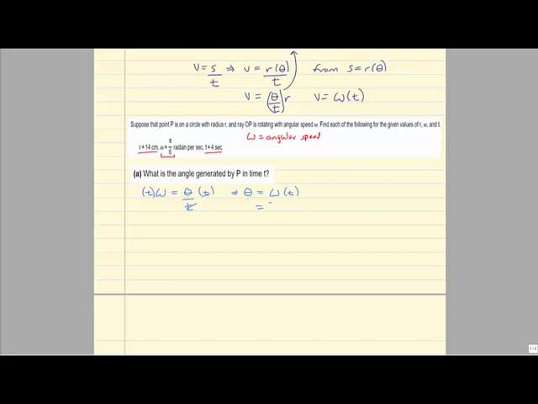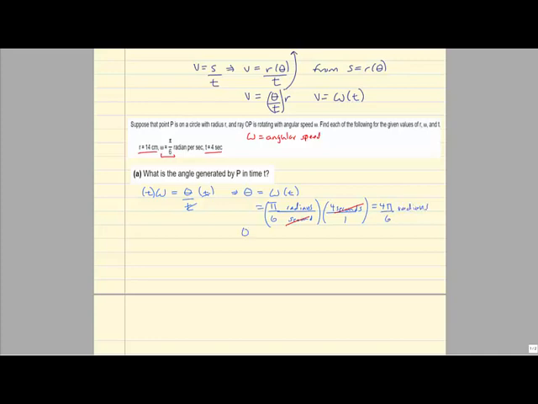Theta is the angle being generated. Omega is pi over 6 radians per second, and time would be 4 seconds. I'm going to write this as 4 seconds over 1 just so we keep our numerators and denominators straight. You'll see here that seconds cancel, and I'm left with 4 pi over 6 radians.